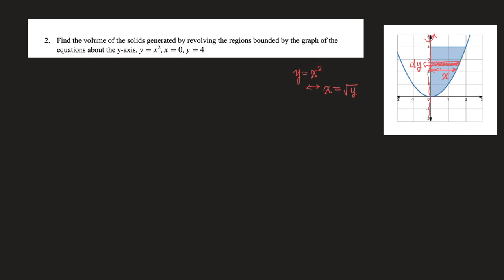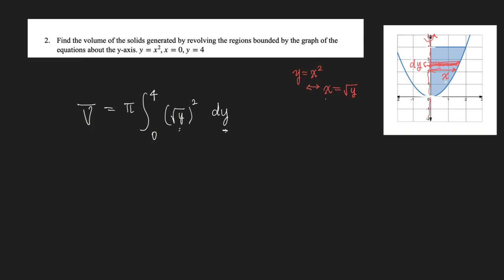So now the volume is going to be pi integral. You find the interval by looking at this one. This is dy, so this y represents that you need the interval of y. The interval of y is 0 and 4. Here the radius is x. x is going to be the square root of y, so the square root of y, squared. Before you move on, check it out: this is the variable y, here is y.